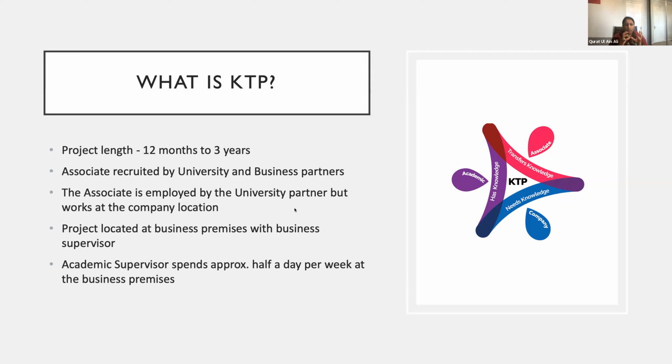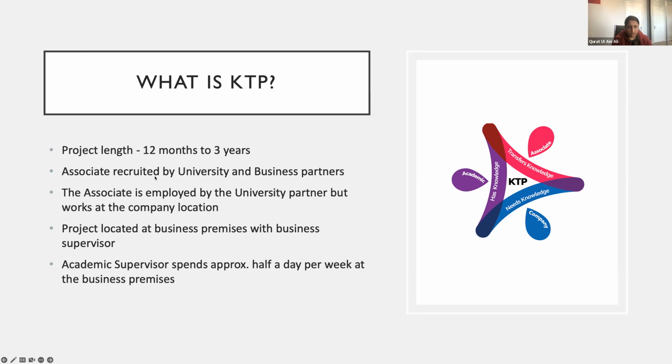So the whole project would be located at the business premises as you're trying to solve a problem that a business has. So you will be spending most of your time at the business premises. And then your academic supervisor spends approximately half a day per week at the business premises. It can be half a day per week or a full day per 2 weeks.